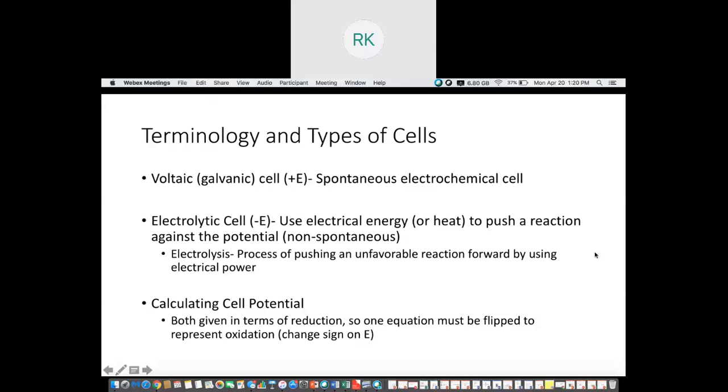And if you look in Dr. Katie's slides for this, in the slide that has all the different equations and all their E values, it actually shows that the more negative your E reduction is, the better the reducing agent it is. And the more positive it is, the better oxidizing agent it is. Okay, so that again could show up in terms of a theoretical question. So just be on the lookout for that.